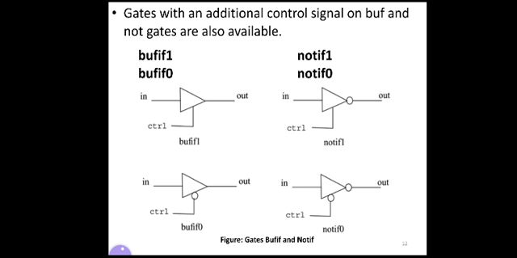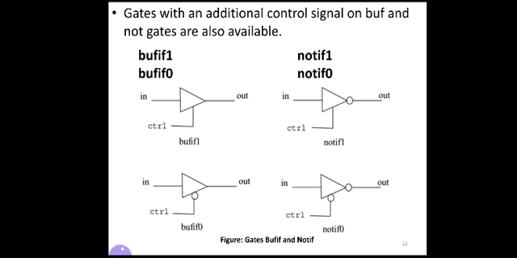With this control signal, we have bufif1, bufif0, notif1 and notif0 as the predefined primitives. So there are four different types of primitives here: two for the buffer and two for the NOT gates. bufif1 and bufif0 are the predefined primitives for the buffer, and notif1 and notif0 are the predefined primitives for the NOT gates.